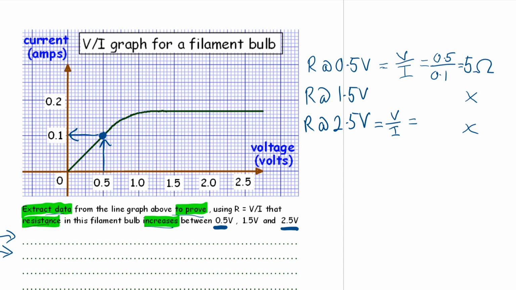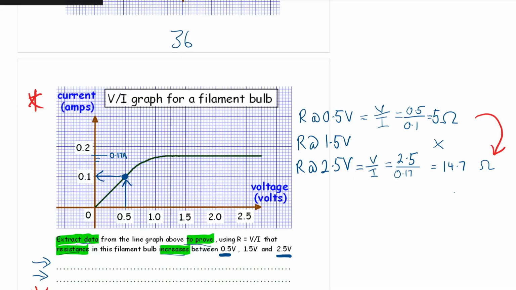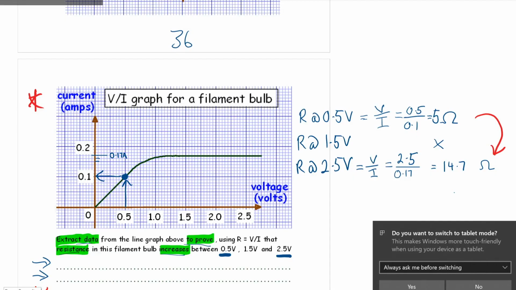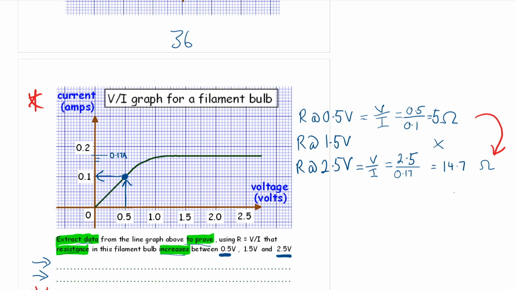So at 2.5, I've gone ahead there, I've taken the current reading off at 2.5, it comes back as 0.17 amps. There it is there, and here it is on the graph.